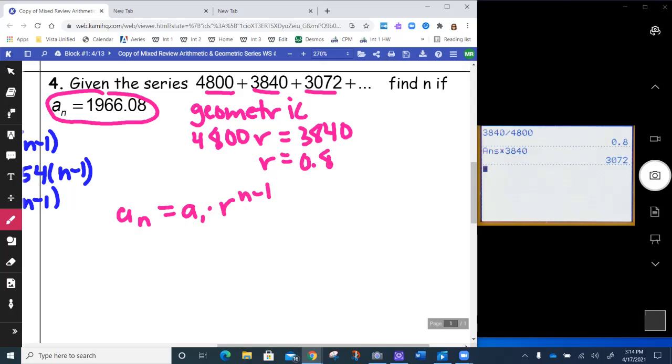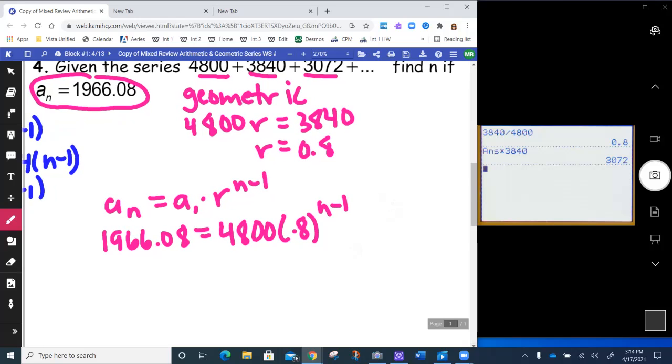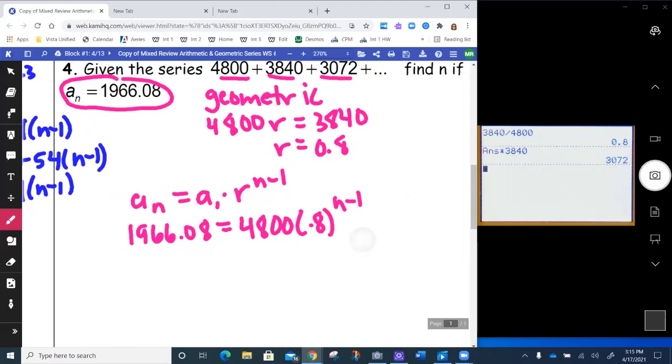Okay, I know my an, it's 1966.08. I know my a1, it's 4,800. I know my r, it's 0.8 to the n minus 1. And I'm going to solve this.